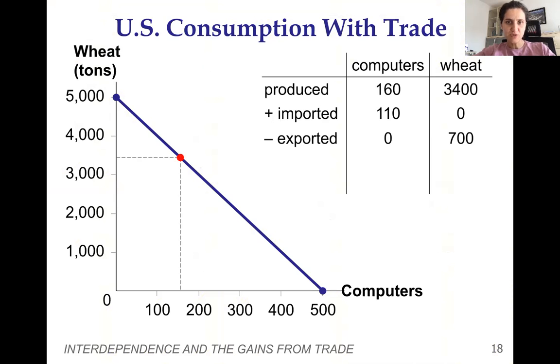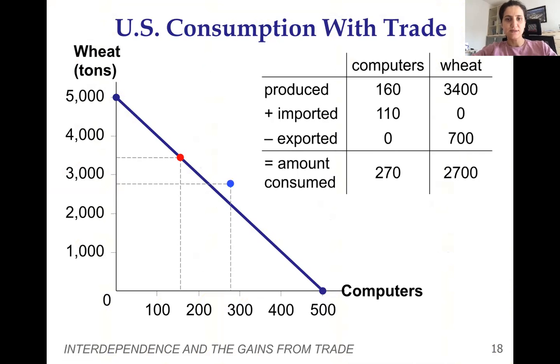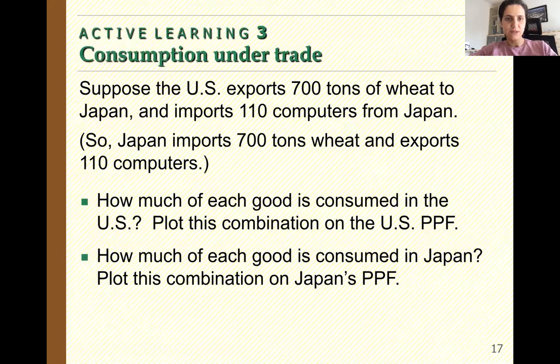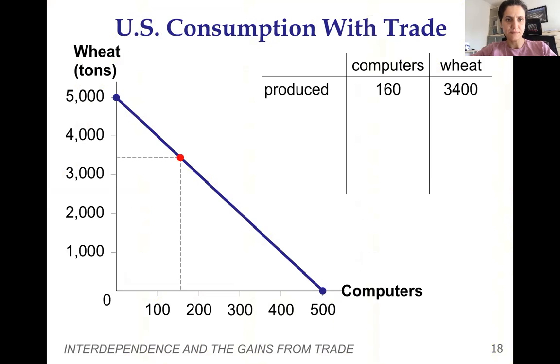So this is the production possibility frontier for the US. Initially, they produce 3,400 tons of wheat and 160 units of computers.